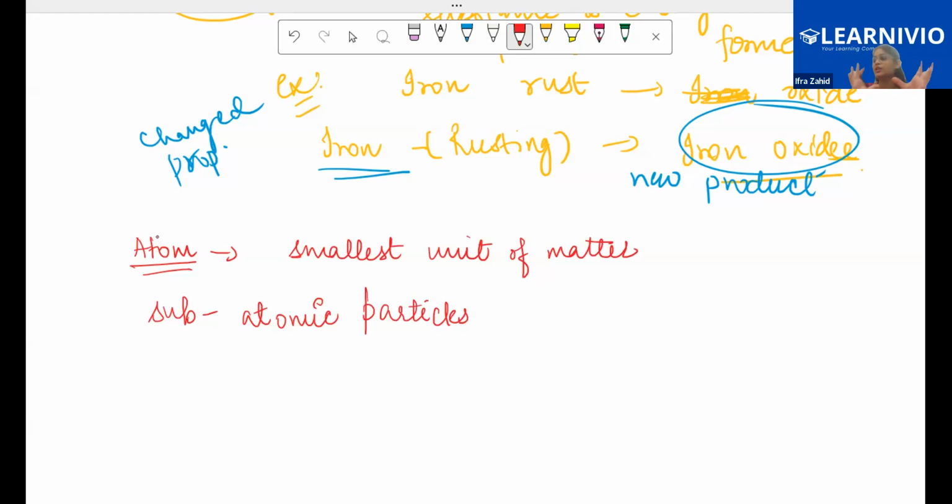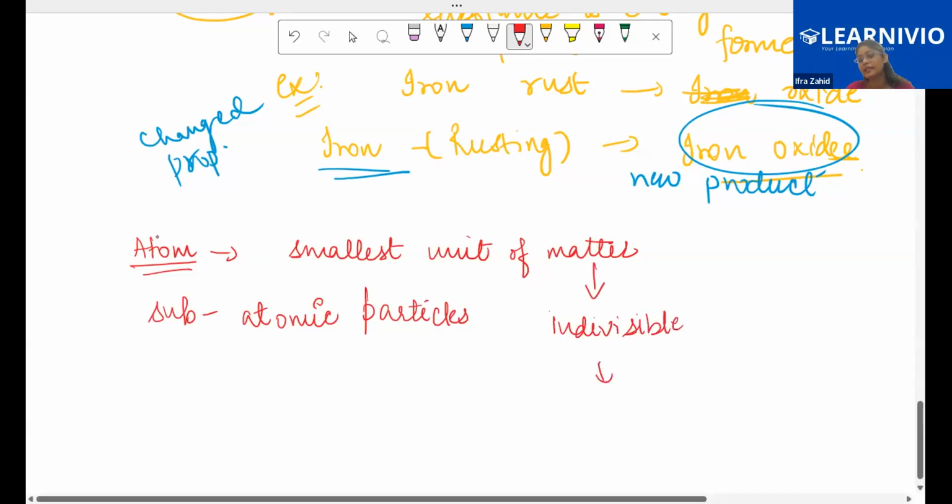smallest means you have, see, you have a rock or you have an ice block, you're breaking it down into smaller pieces. Now, once you reach that stage where there is one very small, very tiny particle which you cannot break any further. Indivisible, because it cannot be broken any further.